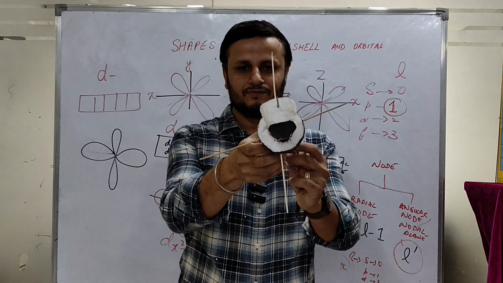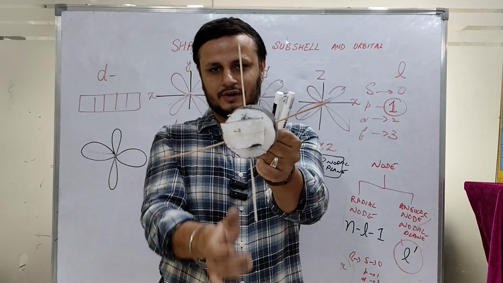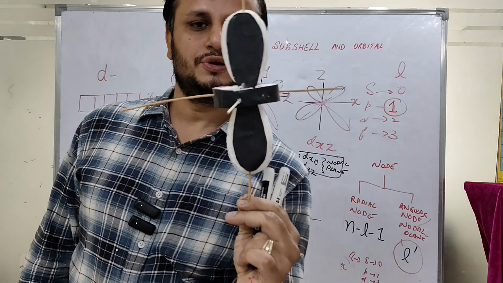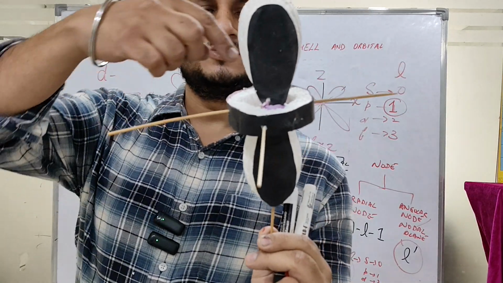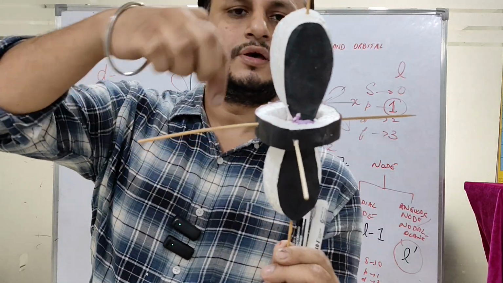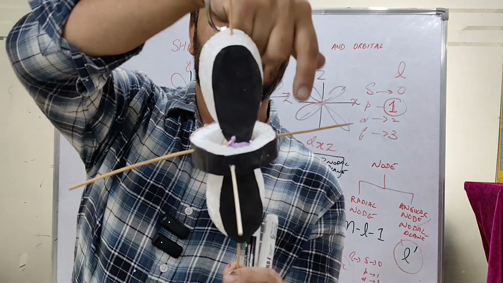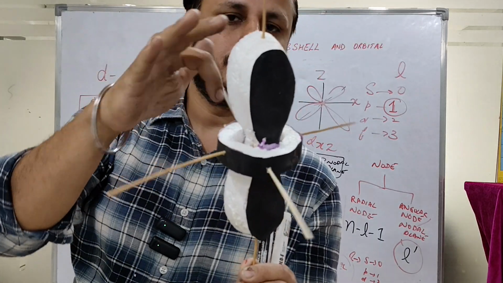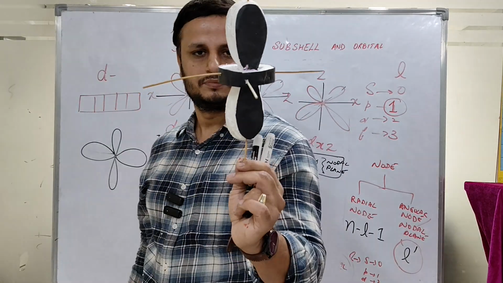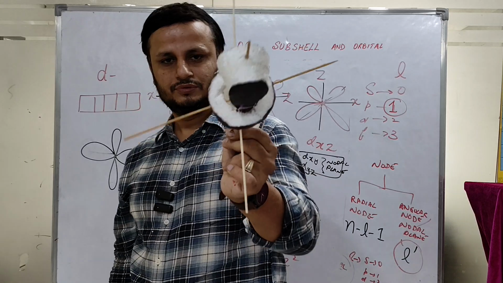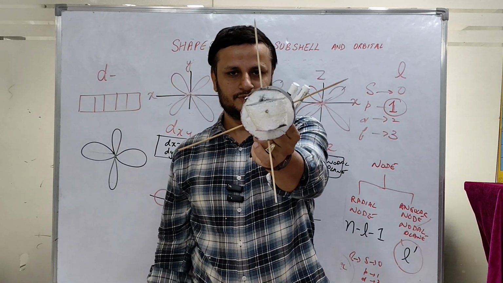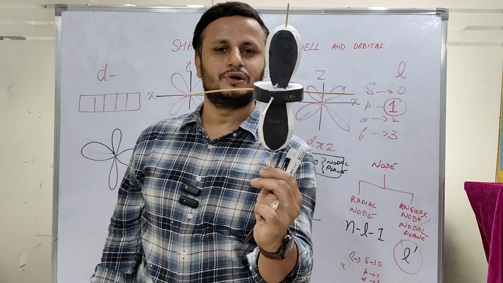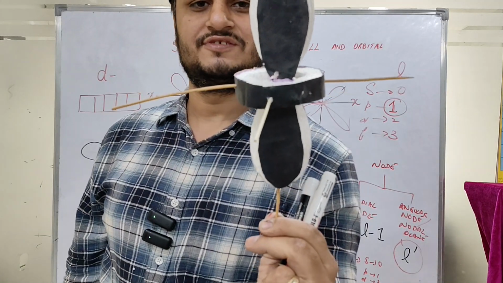In dz square, one lobe lies along the z axis, and if we show it perpendicularly, it looks like this, and the second lobe has formed a ring. It is moving around the first lobe in a circular shape. So in the yz plane it will look like this, and if we show the plane perpendicularly it looks like this.